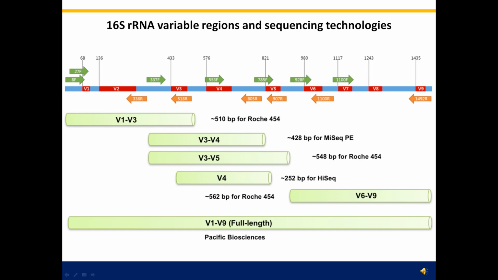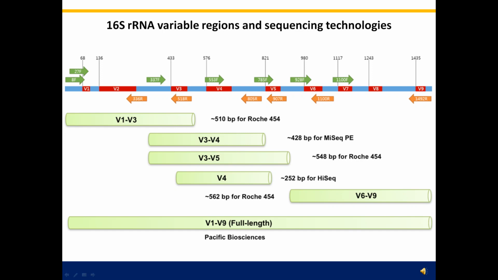Again, for the V3, V5 regions, the targeted length will be 548 base pairs, so it can be sequenced by using Roche 454. For just the V4 region, we can have a target region of 252 base pairs for HiSeq, and the V6 to V9 regions are 562 base pairs, again with Roche 454.